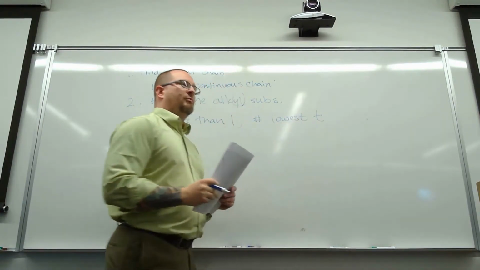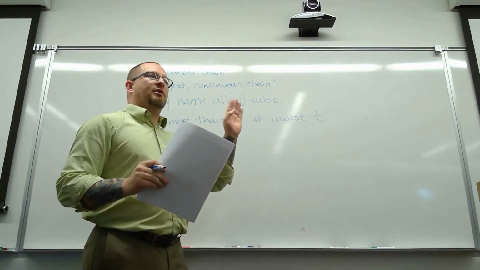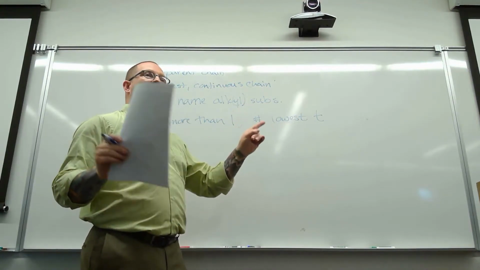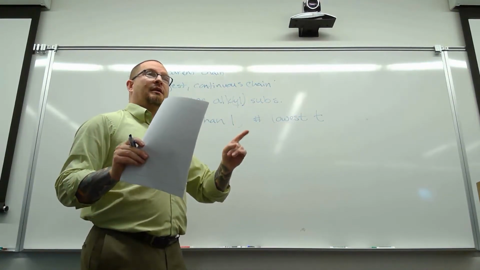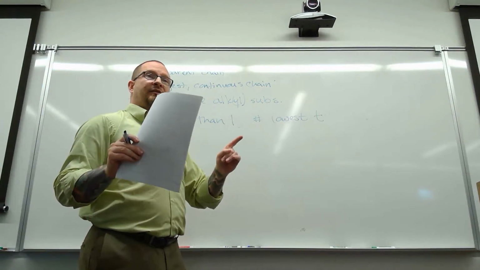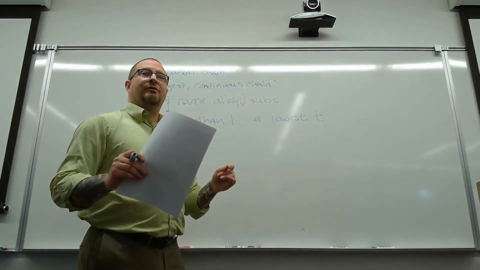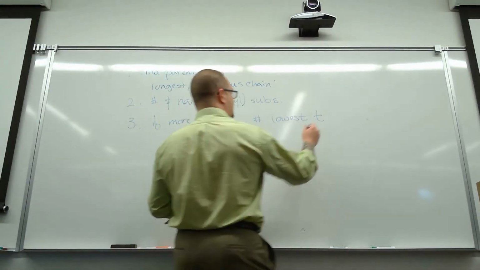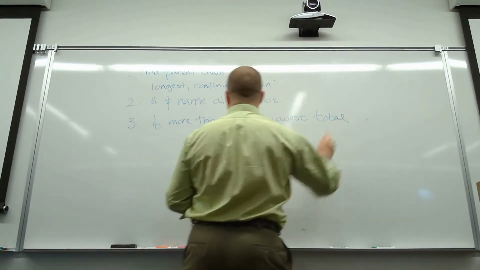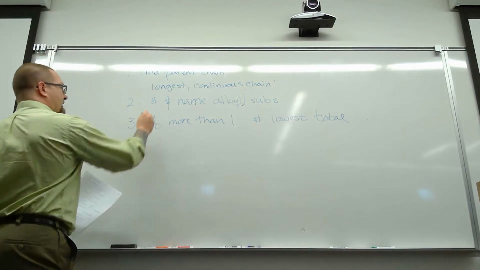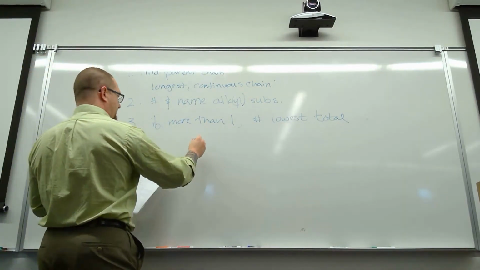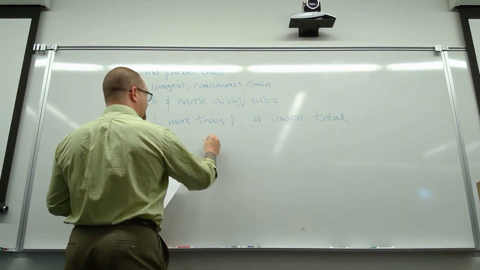You always start numbering from the side that has the closest substituent, unless they're the same. And if they're the same distance from the ends of the parent chain, you start on the side that gives you the lowest total of your numbers. And then in the name, you list them alphabetically.